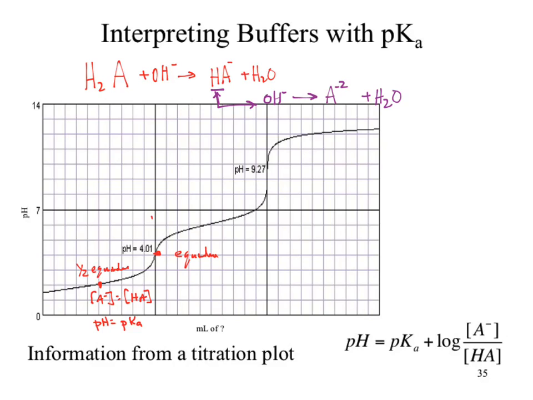We're reacting it with hydroxide. Okay, we're still adding base. So now what happens? I add base, and I no longer have H2A, but I have HA minus. So at that equivalence point, the red equivalence point, I no longer have any H2A, but I have everything as HA minus. What happens as I add base?